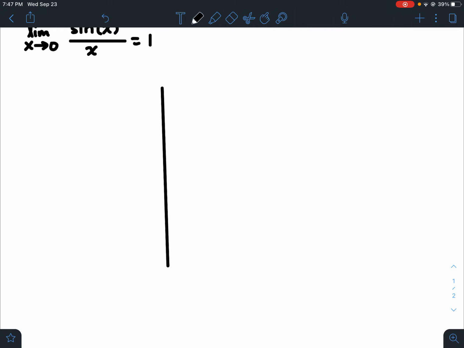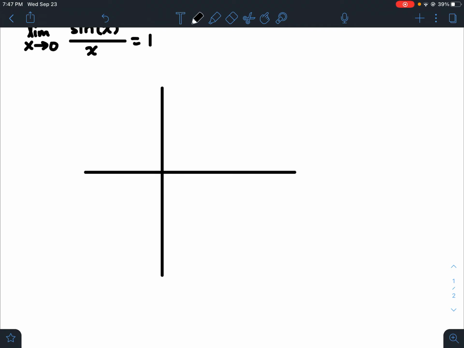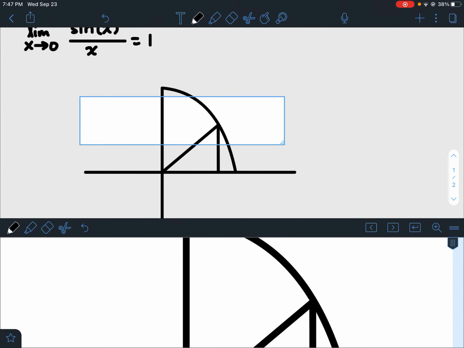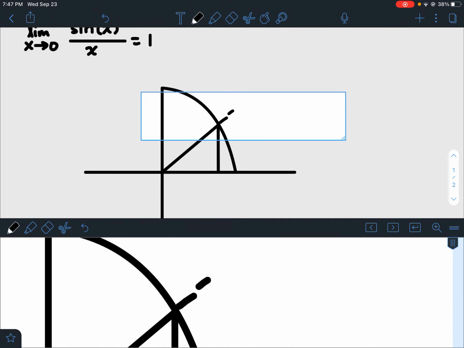Right, so you have this. And then you have this right here. Right? And then you have the little triangle. And then you have another triangle, in fact. Let me make that where it's touching there. There we go. And then you have a little more of a triangle right here.